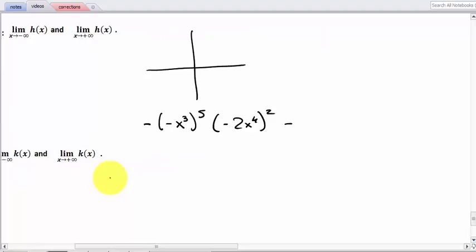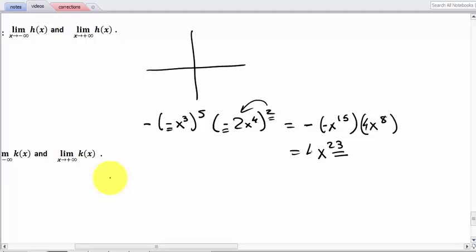So what is that? I have a negative sign. This negative raised to the power 5 will stay negative, and then I have x to the 15 right here. This negative sign raised to the square is going to be positive, and here I have x to the 8 right here. So two negatives make a positive. I have x to the 23, an odd power, and the coefficient is positive.